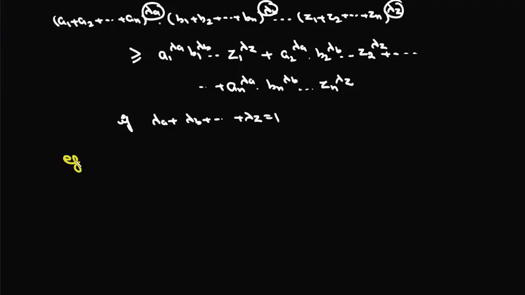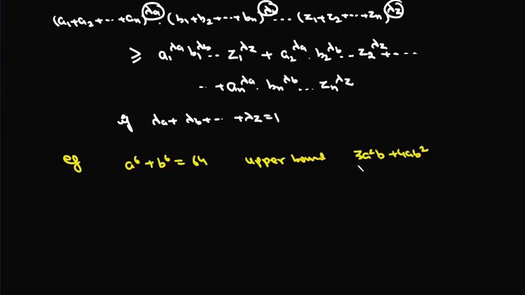Suppose we have two real numbers a and b such that a⁶ + b⁶ = 64. Then we have to establish an upper bound for 3a²b + 4ab² using Holder's inequality.